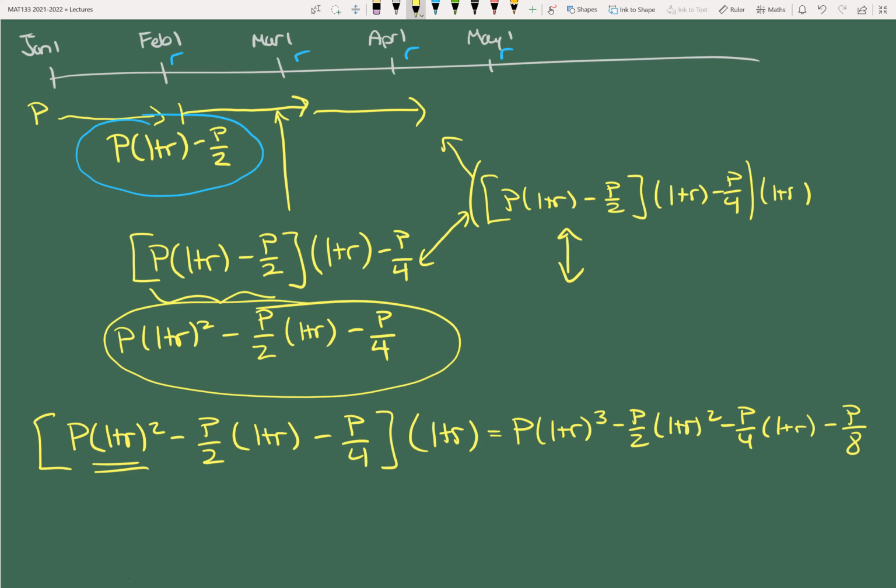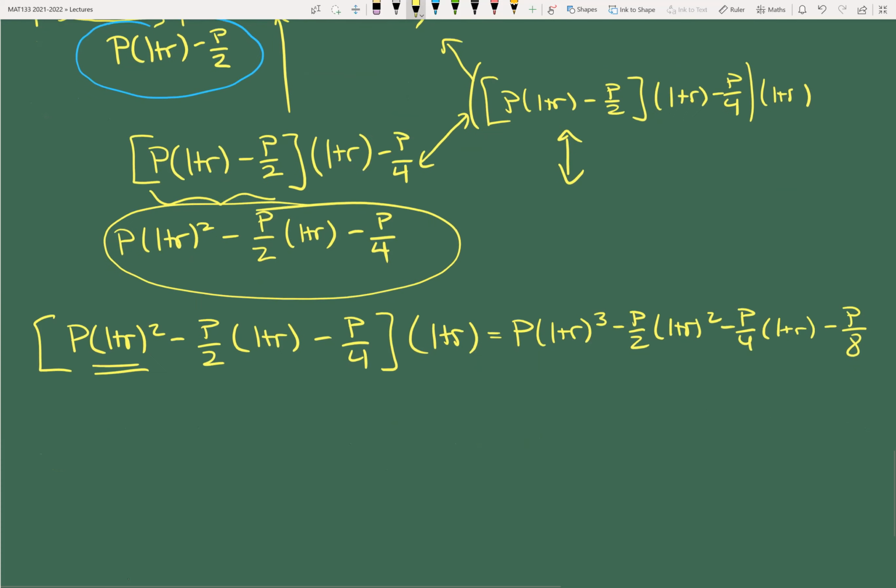The question is actually asking me to push it forward one more time. So there isn't another withdrawal, but there is another compounding period, and everything is going to pick up another factor of 1 plus R. I think if you check the answer in the book, that's the one it gives you. So does that work out?